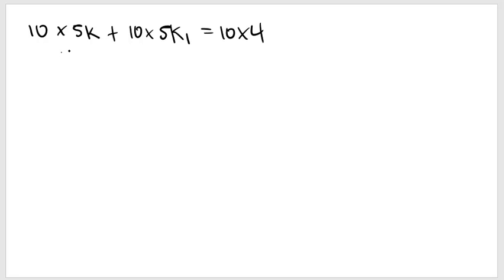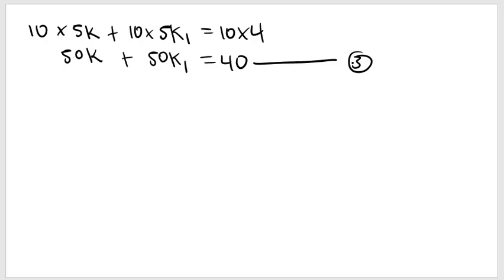And this will give us 50k plus 50k1 is equal to 40. I can relabel this as equation 3.